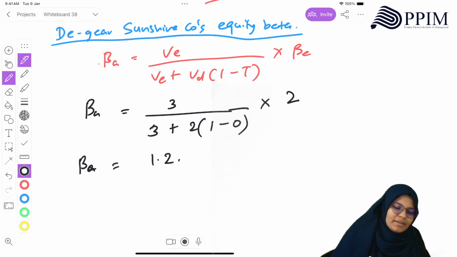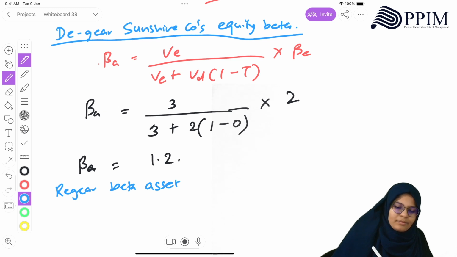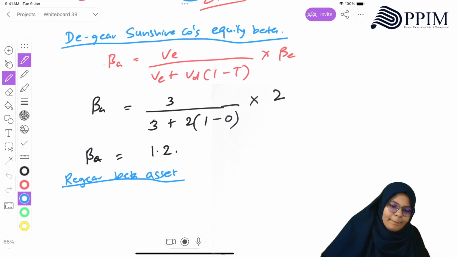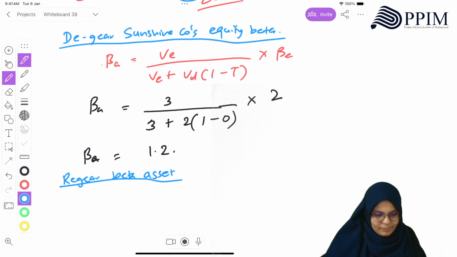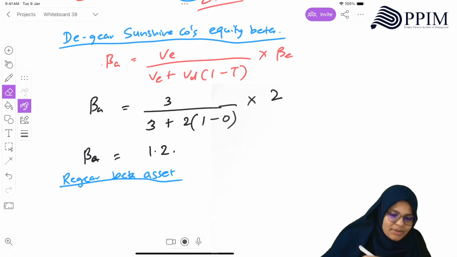So de-gearing is done. Now the next step is to re-gear beta asset. For that also you use the same equation. Actually, since they told me to forget about debt, let me just remove this, because you might get confused and make that 2 also 0.